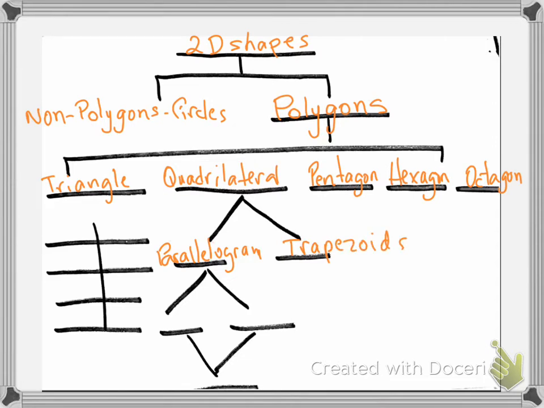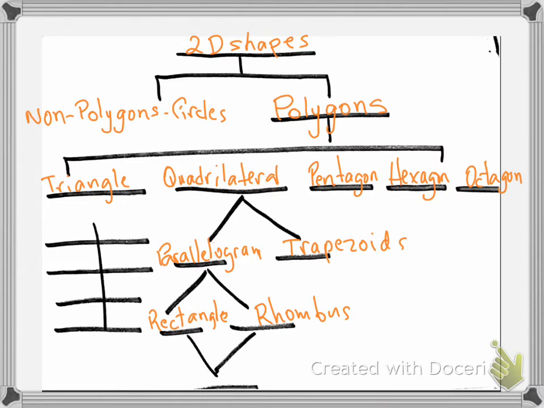Now let's focus on the parallelograms. Parallelograms can be divided into groups. If you have a parallelogram that has right angles, we call it a rectangle. And if you have a parallelogram that has congruent sides, we call it a rhombus. Congruent means the same length.